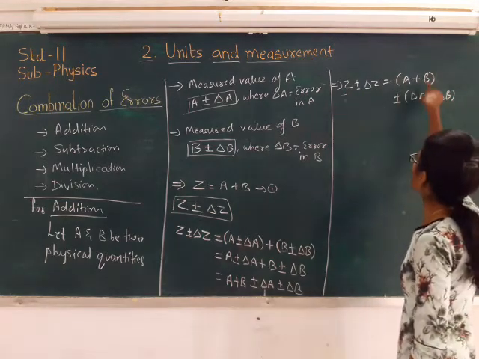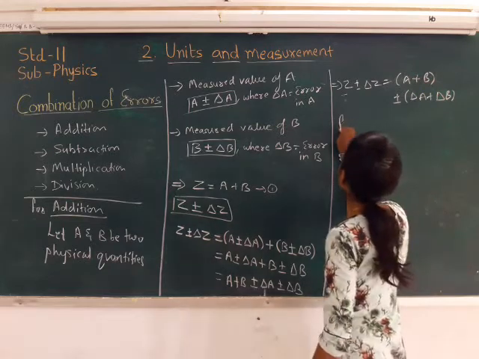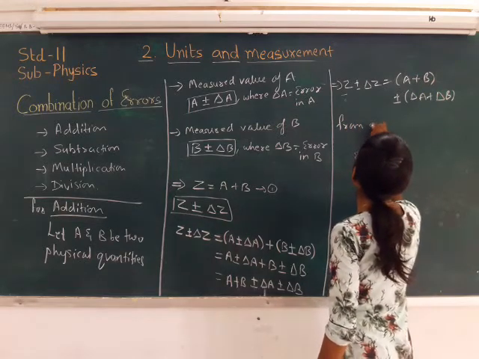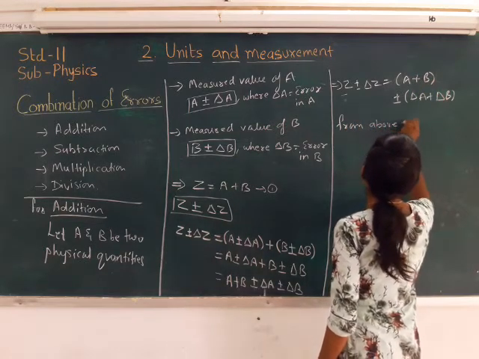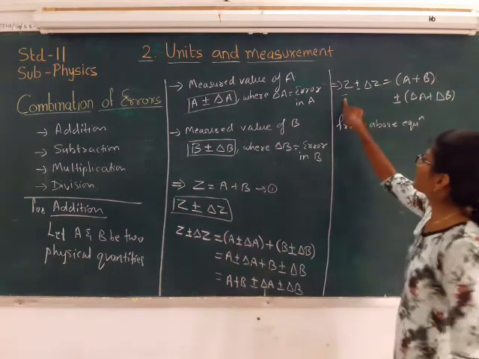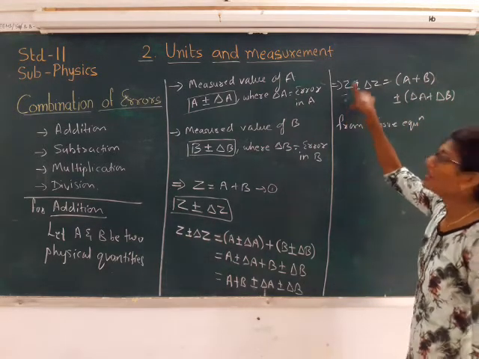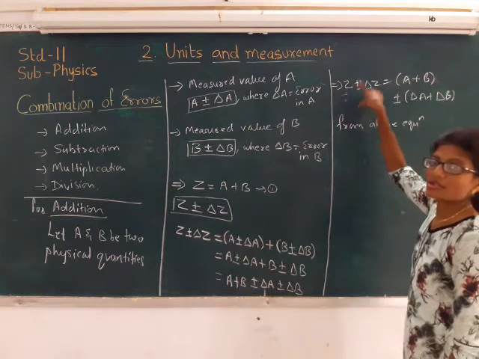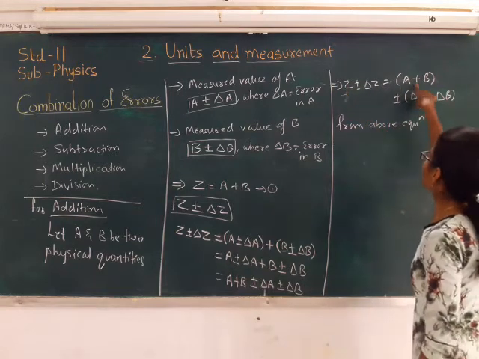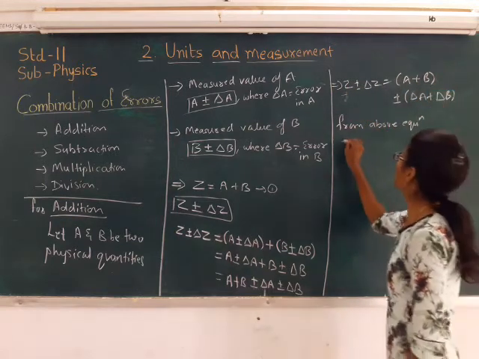Z is equals to what? A plus B. So from the above equation, I can write like this. This is my measured value, right? That is Z equals to A plus B.